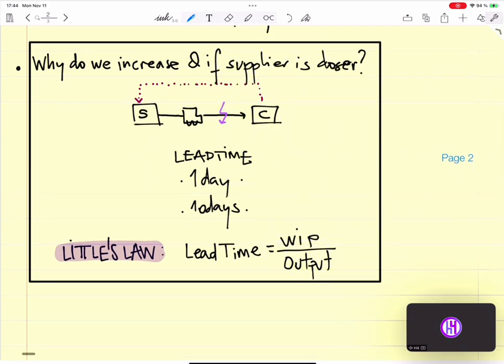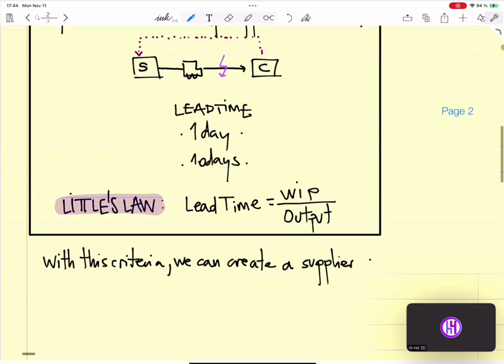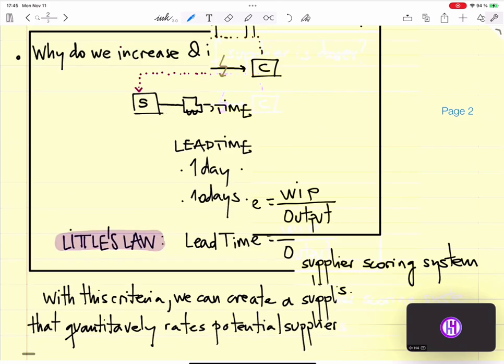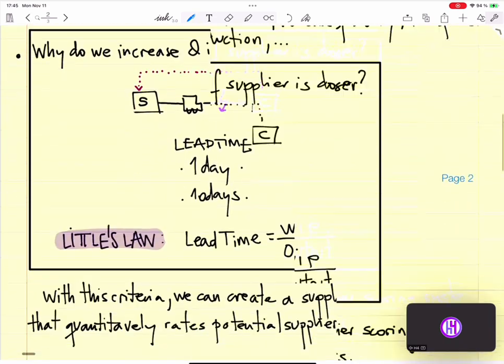So with these criteria, we can create a supplier scoring system that quantitatively rates potential suppliers, okay, based on their ability to meet the needs that we set up in quality, cost, reliability, flexibility, and so on.